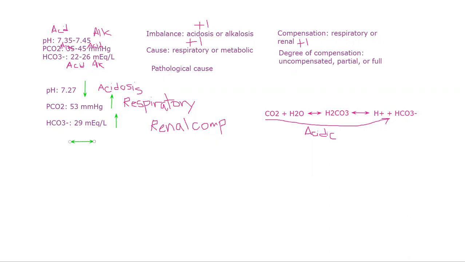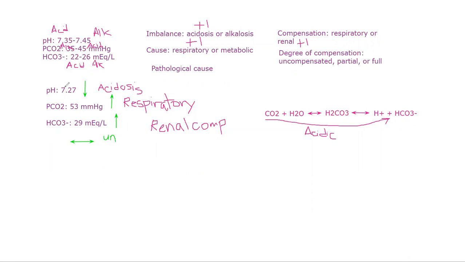Then I know that this would be uncompensated. If it's outside of range, then I need to decide what my pH is. If it's outside of range, but my pH is still broken, then that's going to be partial compensation.